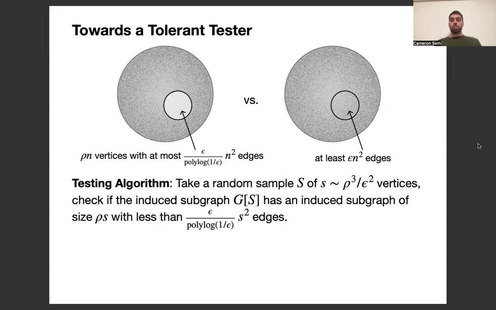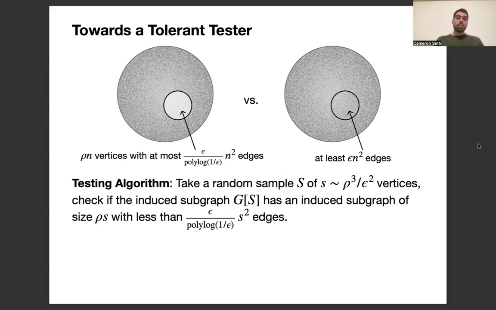So again, what's the first algorithm that comes to mind? Take a random sample of vertices, and this time check if the induced subgraph has a set of vertices with a small number of edges. Before we were checking to see if the sample has a large independent set. This time we're checking if it has a large sparse set.